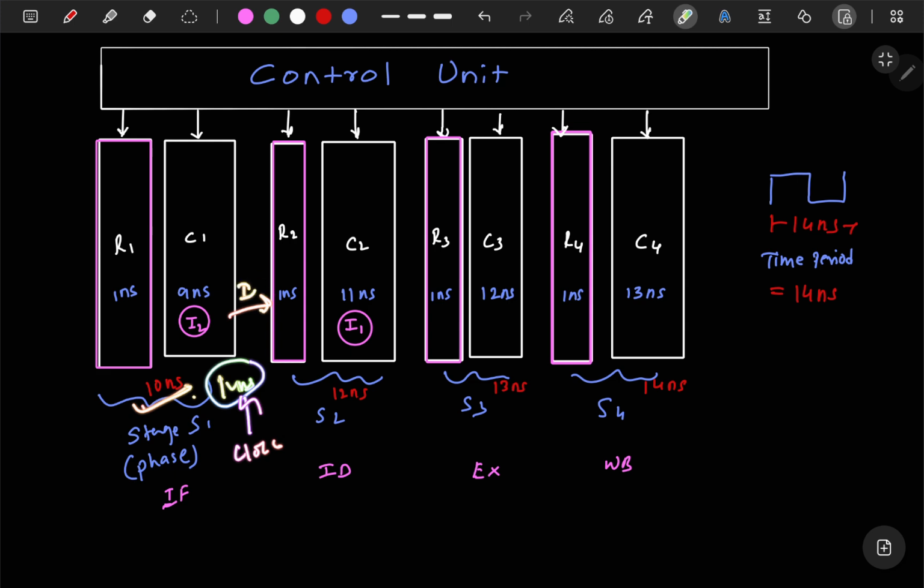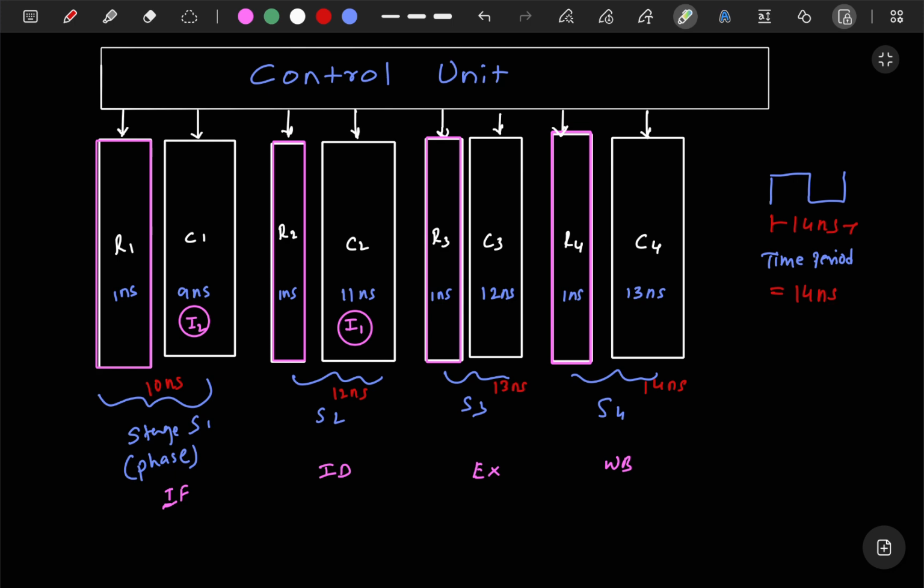That means instruction I1 will be moved, and meanwhile that phase has already completed its execution because it takes only 12 nanoseconds. So at 40 nanoseconds I1 will be moved to the next phase and I2 will be moved to phase 2. This is how the synchronization happens. This happened because we set the time period to the largest time period possible. That is why this problem has been solved.